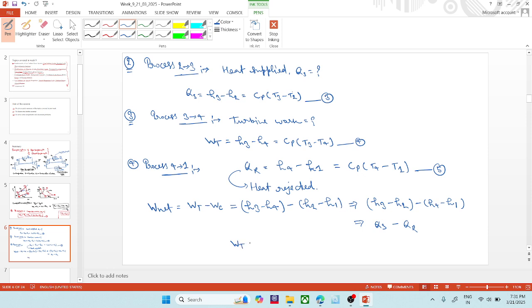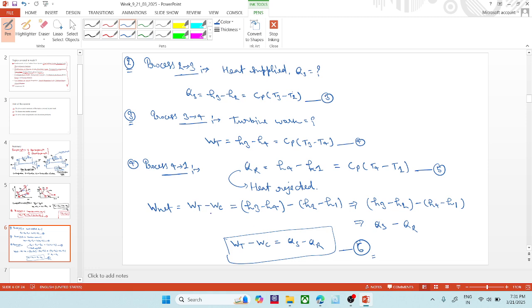So from here, we also get that the net work interaction is equal to the net heat interaction. The same we got as equation number 1, the same we got as equation number 6. So these are the derivations we got.